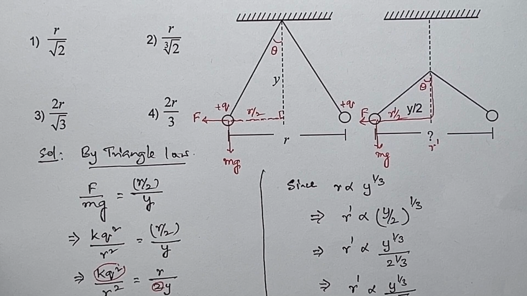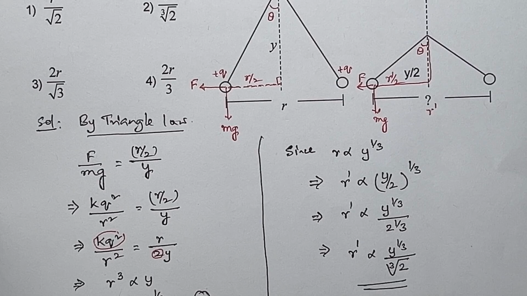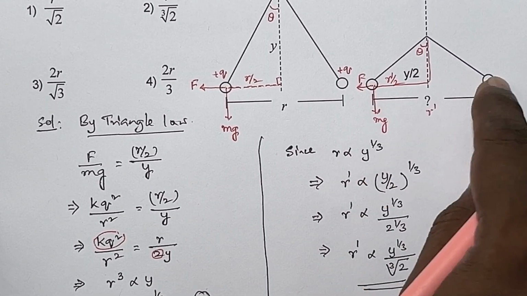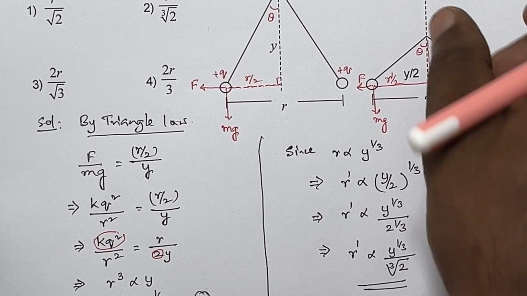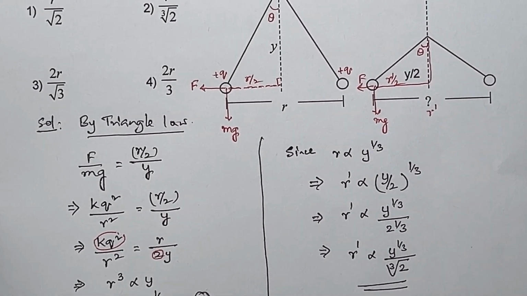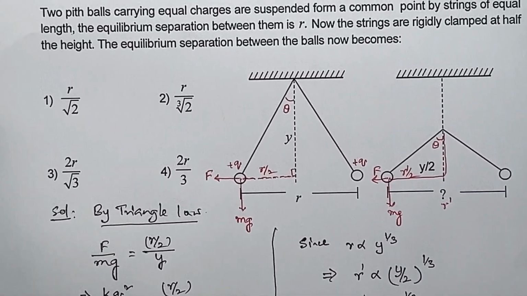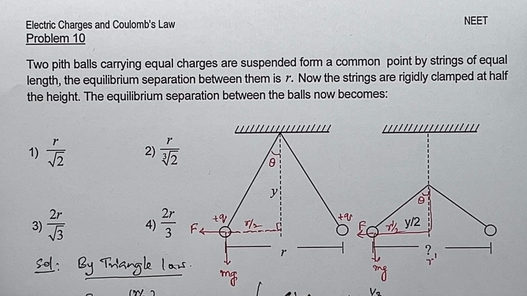So this is the relation, the separation between the two pith balls when the string is clamped at the middle of its length. So let us see which option is correct for this problem.